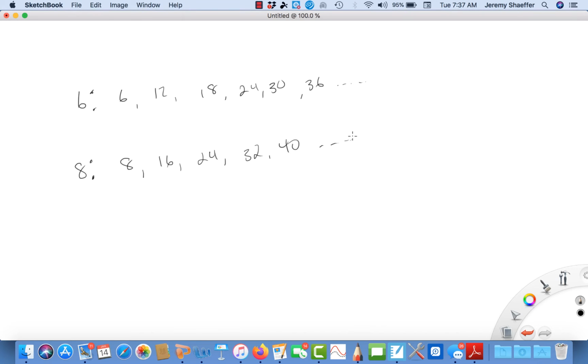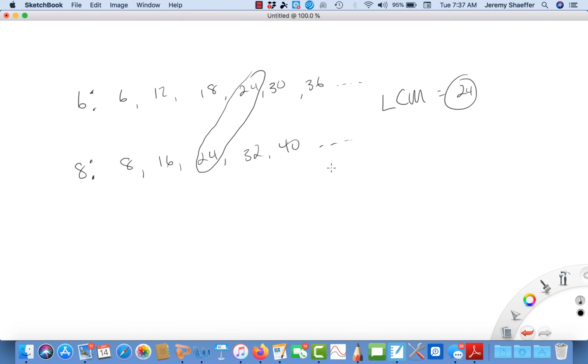We won't go any further because I think we found one. All right, what's the least common multiple here? There's no 6, there's no 12, there's no 18. There it is, it's 24. So the LCM of 6 and 8 equals 24.